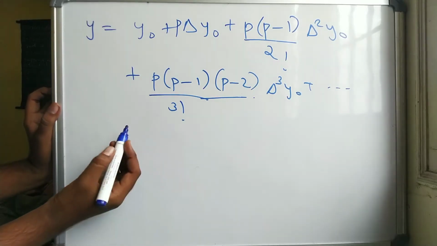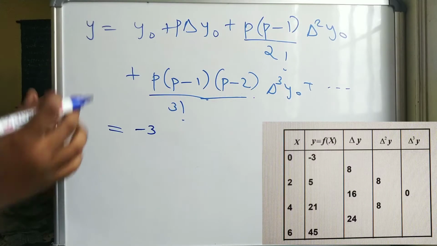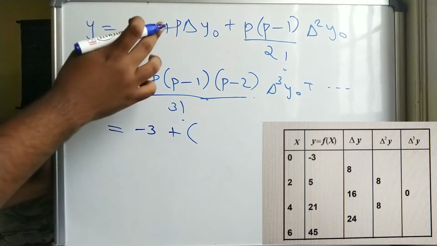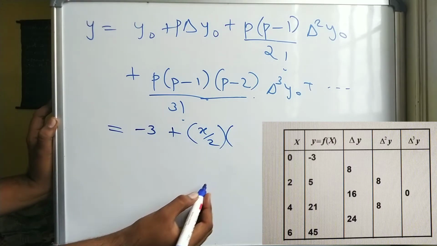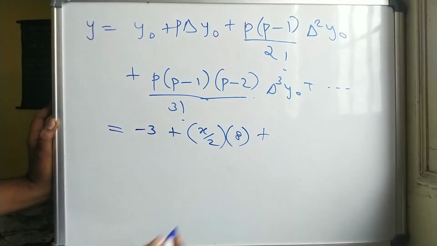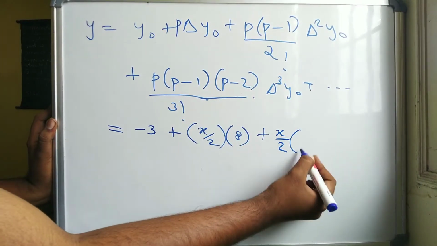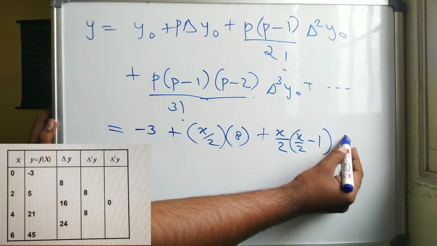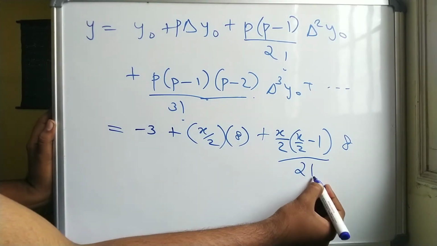So y0 is minus 3, the first value of y, plus p, which we just calculated as x by 2, into delta y0, which is 8, plus x by 2 into x by 2 minus 1 into delta square y0, which is 8, by 2 factorial.